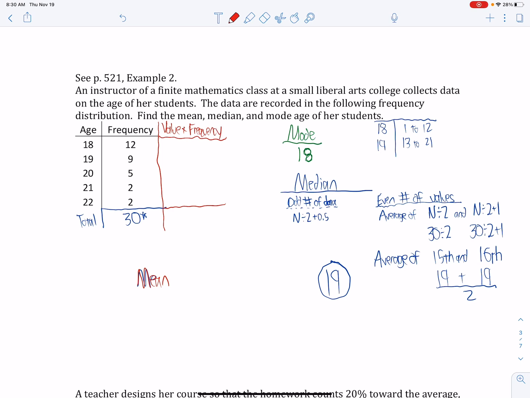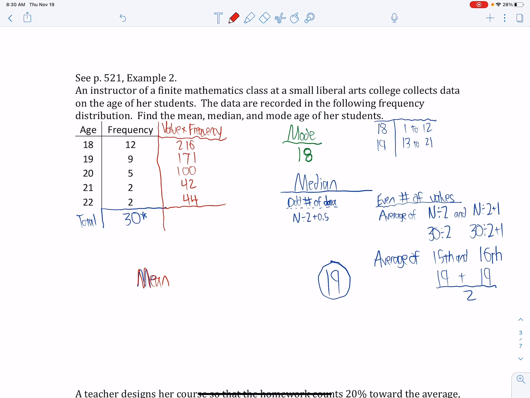So here, for example, we start with 18 times 12, and that gives us 216. Then 19 times 9, that gives us 171. 20 times 5 gives us 100. 21 times 2 gives us 42. 22 times 2 gives us 44.